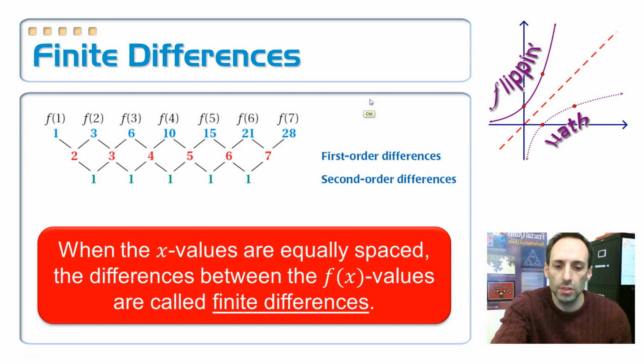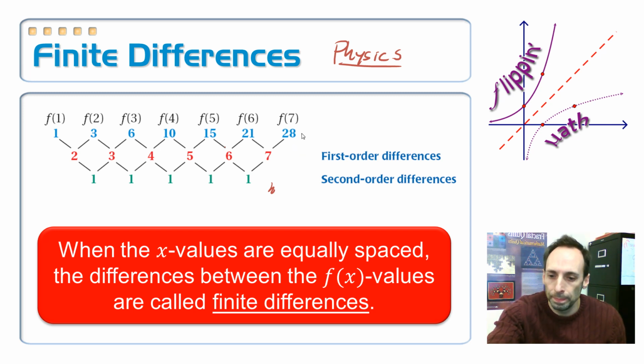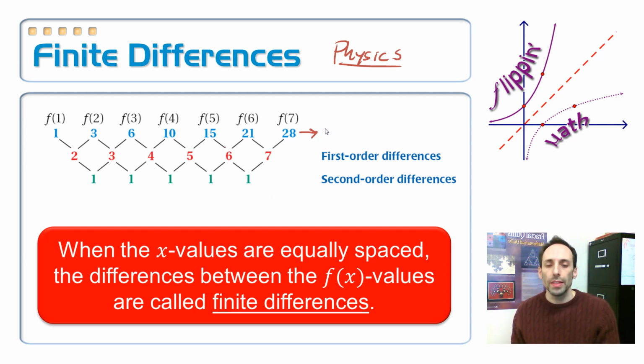Now let me relate this to something in physics. Okay, so in physics, what these y values could be, the first y values, the ones in blue, that would be like the position of something. Maybe it's a position of a rocket that you launch.